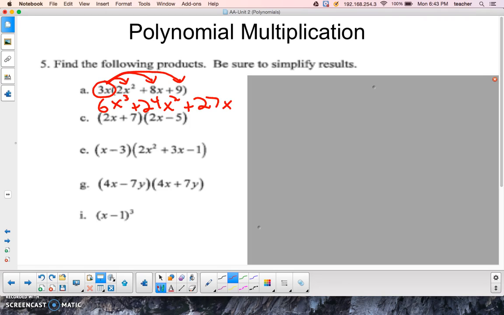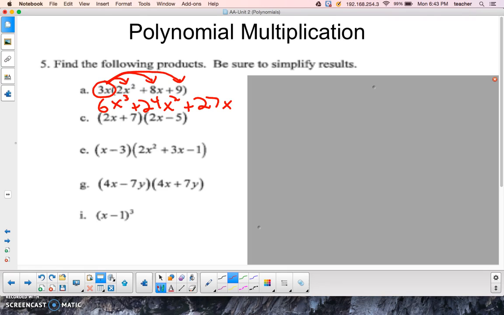27x. The last reminder I have before I ask you to do these other problems on your own is that sometimes it's useful to use a box instead of arrows, and most of you have learned this previously, to organize what it is you're distributing. So let's take a look at how this looks. Here we're multiplying 2x plus 7 times the other expression, 2x minus 5.